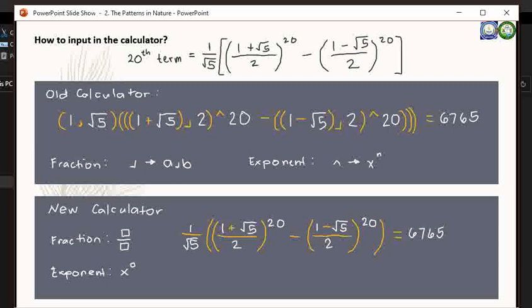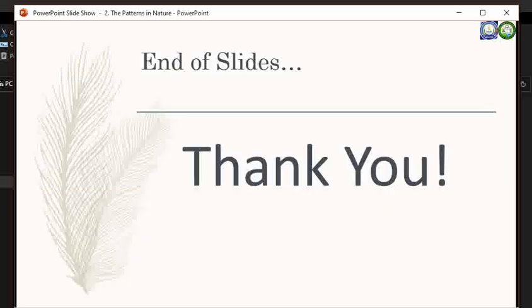So just assume that they are brackets despite them being input as parentheses. That's how you're going to use it. If you can properly input this in the calculator, I'm sure that you will get the correct answer. That's it.